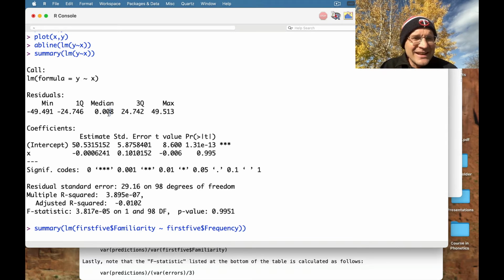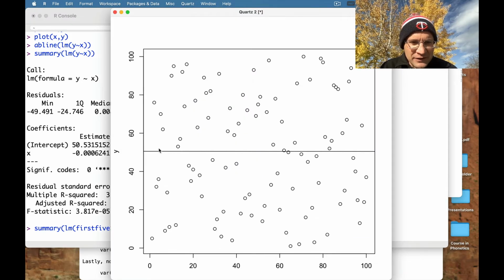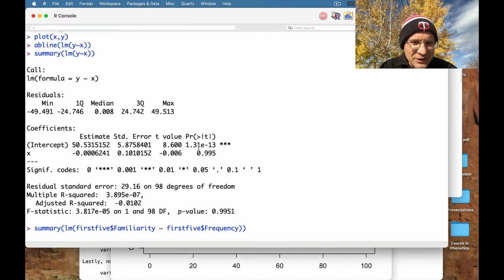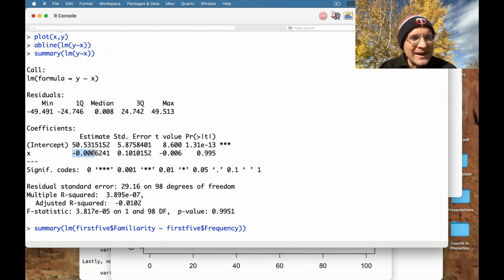So that makes sense. And if we look at the plot too, it's kind of centered around 50 in both dimensions, because why not? So that's different from 0. But again, who cares? What we normally care about is whether there's a connection between the two variables. And here that estimate is very small. It's almost 0. And then you wind up, of course, with a t-value that is going to be very small too.